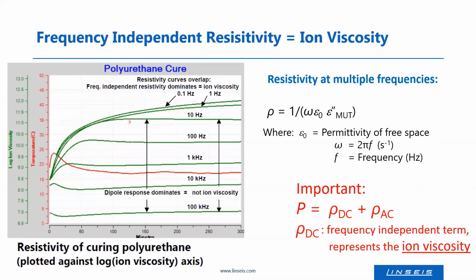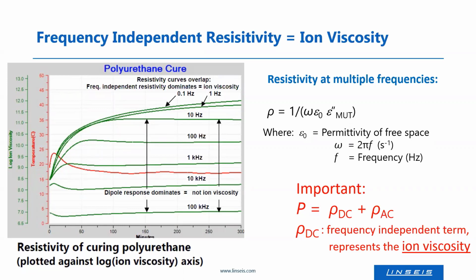With 10 Hertz, for example, you can monitor the process in the early stage up to here somewhere, but then it's not reliable anymore. So for this specific sample, a polyurethane sample, only the frequencies 0.1 and 1 Hertz are good. With the high frequencies, you get wrong results at the end.